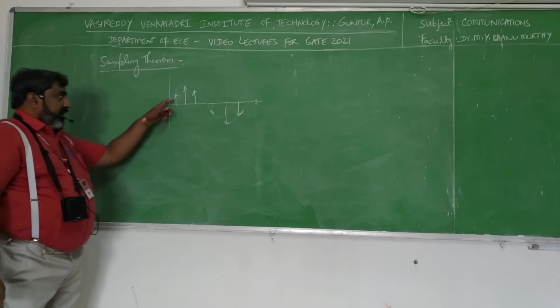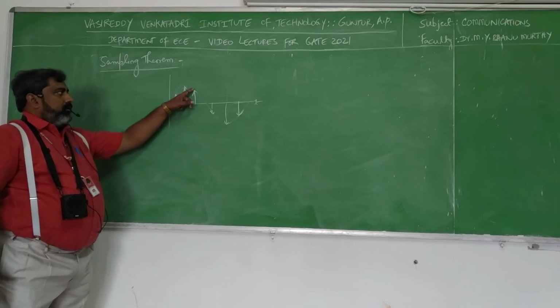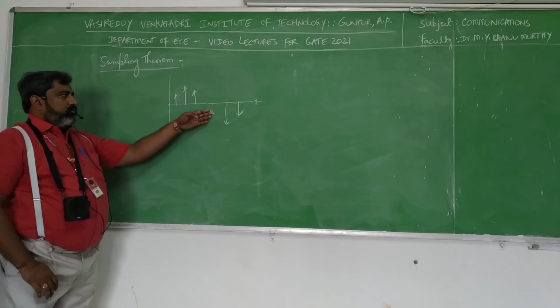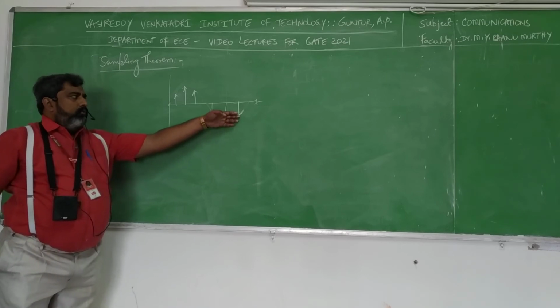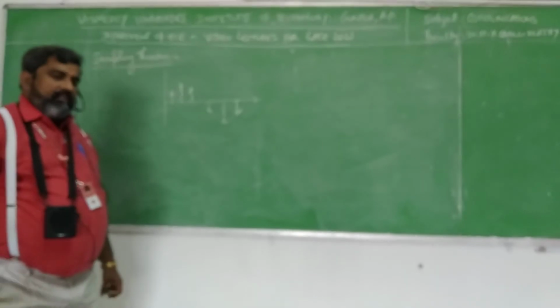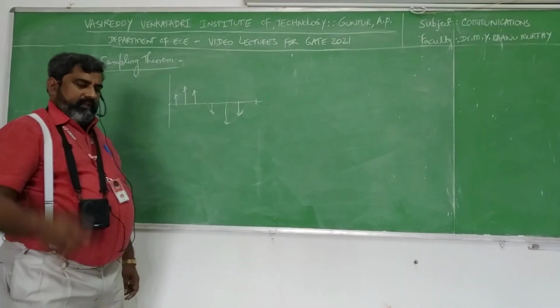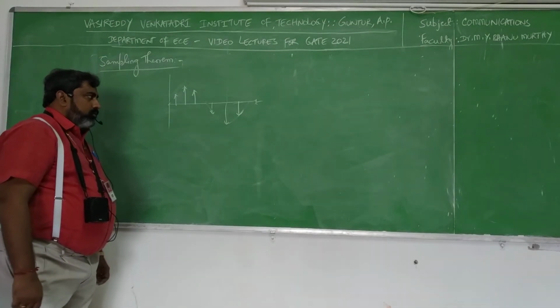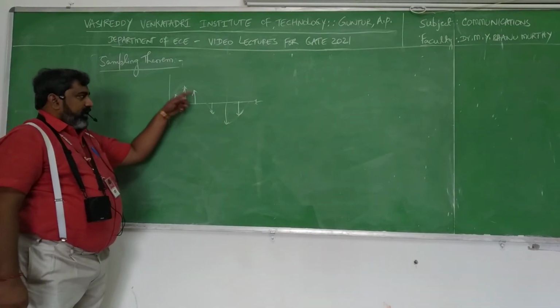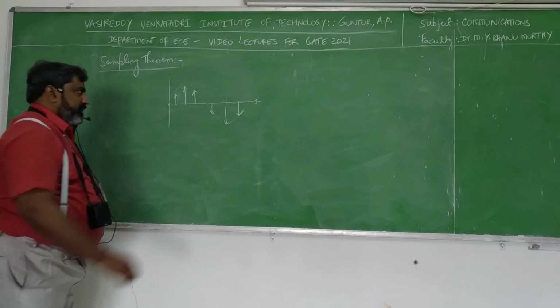These sample amplitudes, say 1.1 volt, 2.3 volts, 1.7 volts, minus 2.1, minus 3.2, minus 2.2, are transmitted at regular intervals to the receiver. When the receiver receives these sample voltages, it reconstructs the original message signal.